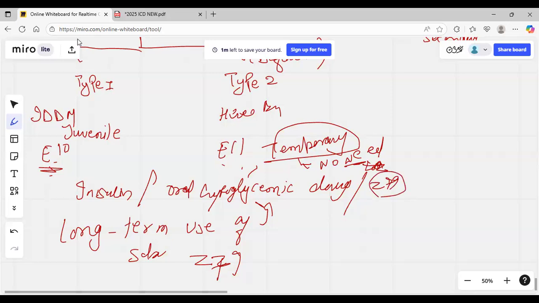Why? Because the Z79 series needs to be used only if the patient is using a drug long term. If the patient is using a drug long term, then only you use a code from series Z79. If the patient is using a drug on a temporary basis, you will not use a code from series Z79.